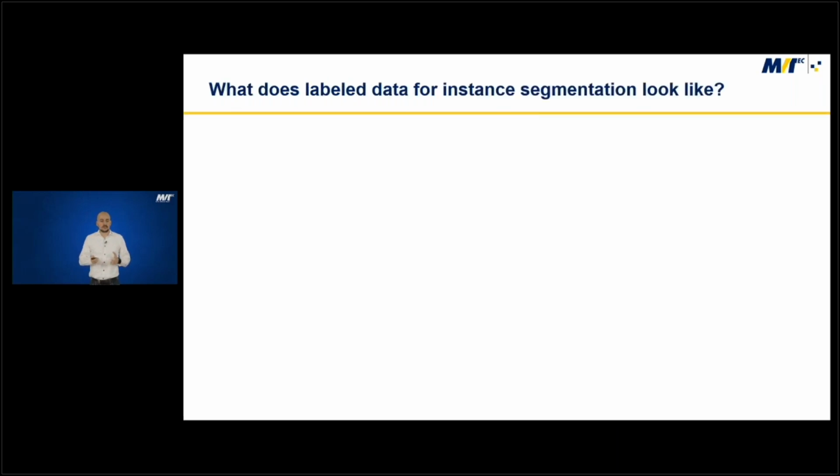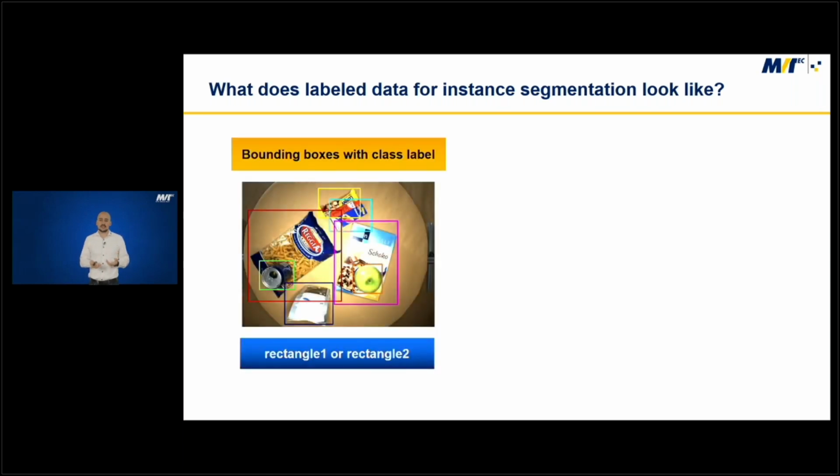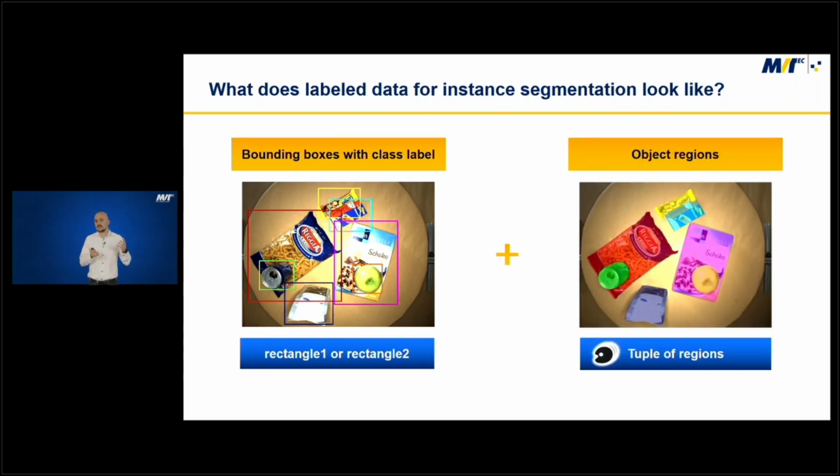Now you might wonder, what does the labeled data for instance segmentation look like and how can I access it? Basically, when you label in HALCON, or want to create your labels with the help of HALCON, you need to have bounding boxes with a class label as for object detection. And for each of these objects, you need to have a tuple of regions.